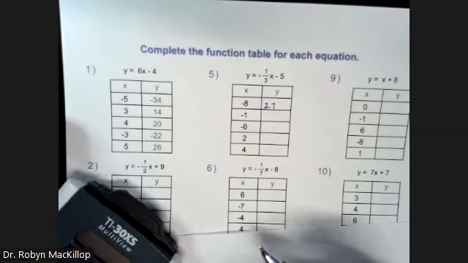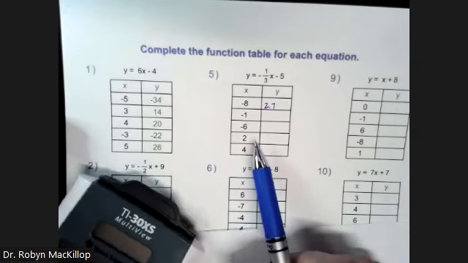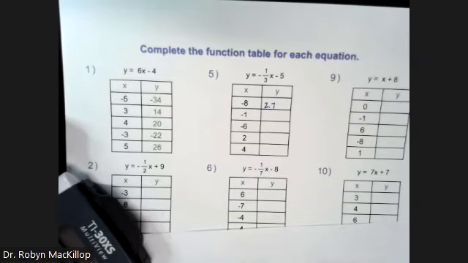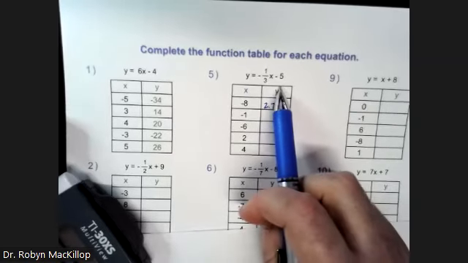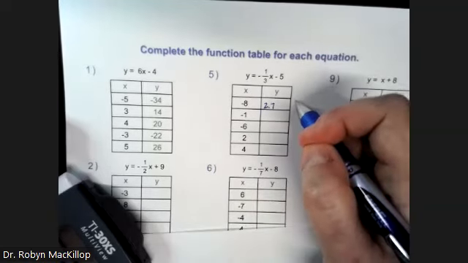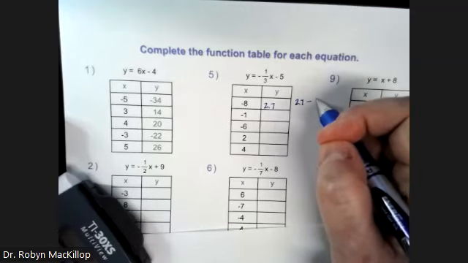All right, so let's do another one. -1/3 times -1. Oh, you know what? I missed that right there. I forgot to do my -5. So this was 2.7 minus 5.